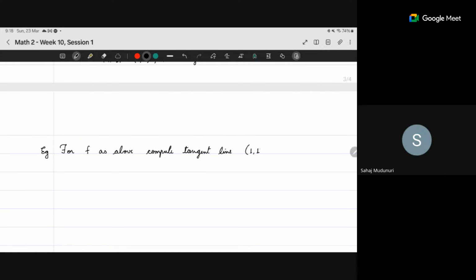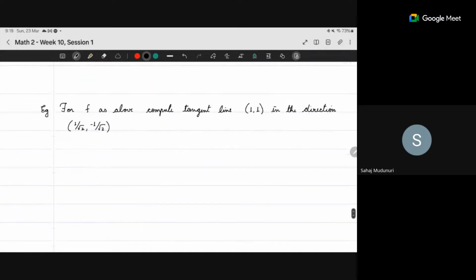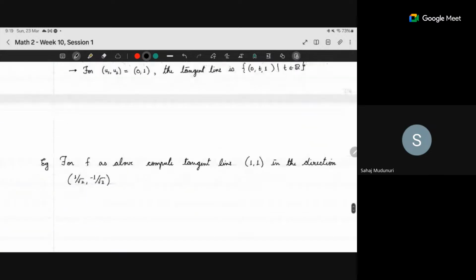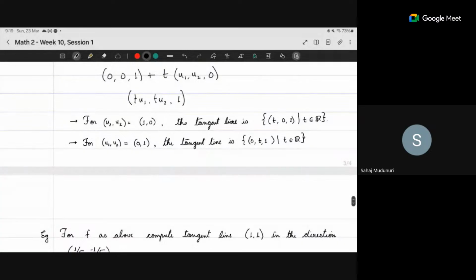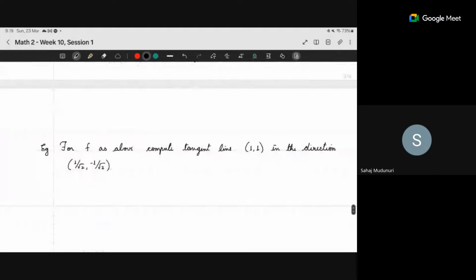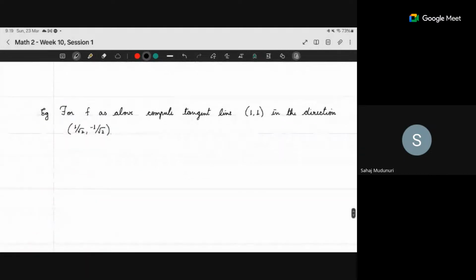Let's take some other point, something like 1, 1 in the direction, let's say 1 by root 2, 1 by root 2. Sir, could you generalize it, sir? Then it will be maybe more clear for me. Generalize u1, u2? Sir, the direction, could you use it as u1, u2 and then substitute? No, I want to give one particular example because that may be a bit too abstract.